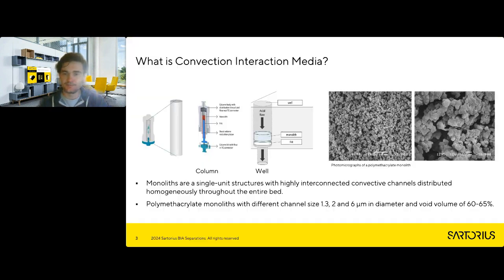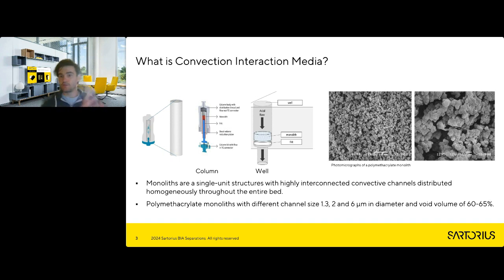Monoliths, or convective interaction media, are the backbone of our technology. A monolith as a chromatographic media is a single unit structure with highly interconnected channels that are evenly distributed throughout the entire bed.